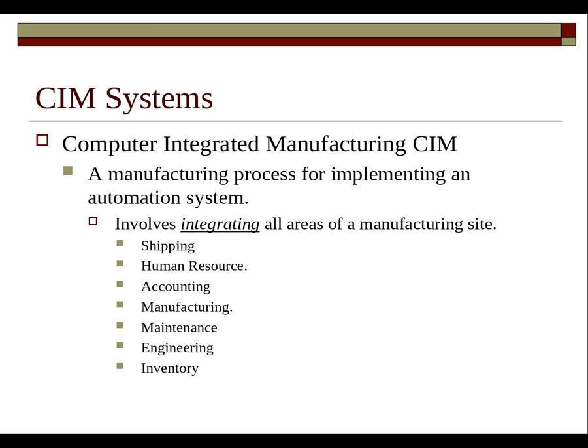Again, this idea of CIM is we're looking at everything from shipping, from raw materials coming in, to the finished product going out, human resources, the people that are available, maintenance people, if you're going to have to shut down so often for preventative maintenance type things, accounting, manufacturing. So all of this is being integrated.